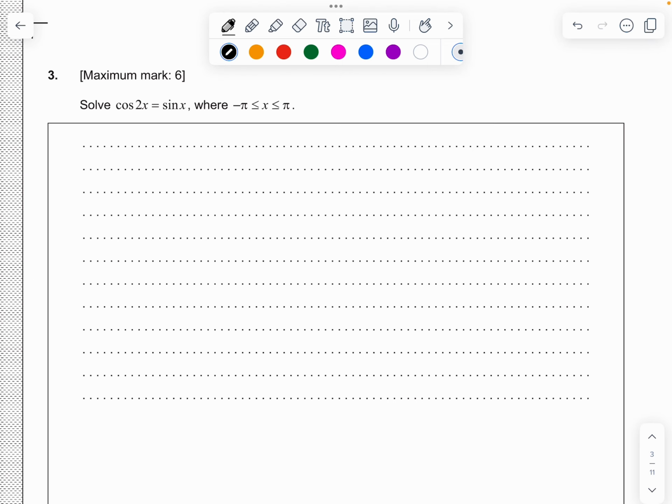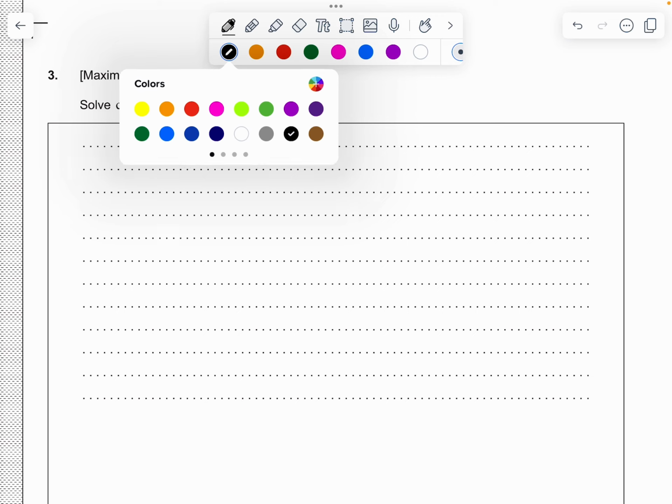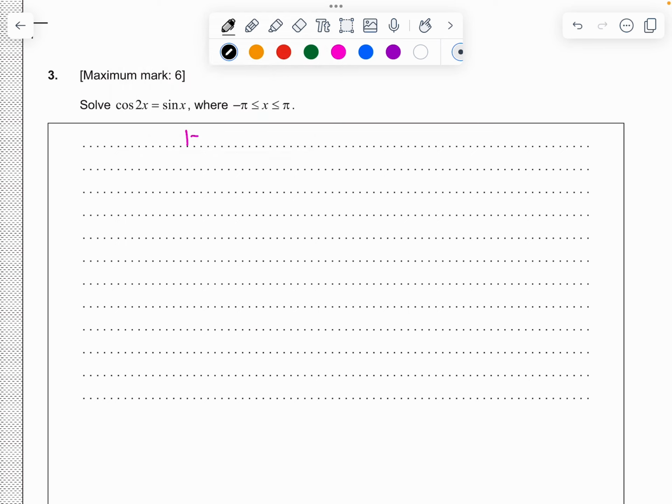Coming to question number 3, solve cos 2x equals sin x. Cos 2x is nothing but what? 1 minus 2 sine square x equals sin x. So I get a quadratic. What is that quadratic? 2 sine square x plus sin x minus 1 equals 0.